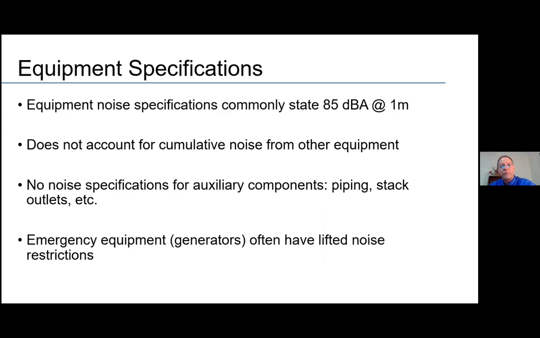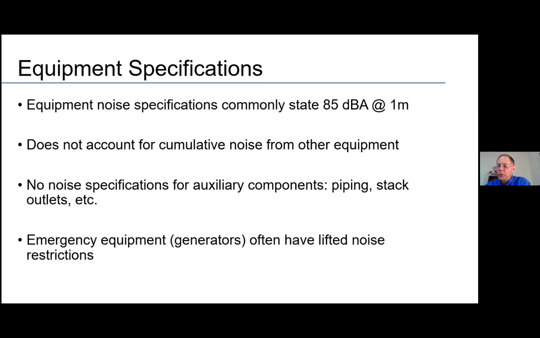If you take a step down a little more in the details and start looking at things from the equipment level instead of necessarily just from the facility level, most equipment noise specifications typically state there's an 85 dBA limit at 1 meter distance away from the piece of equipment.